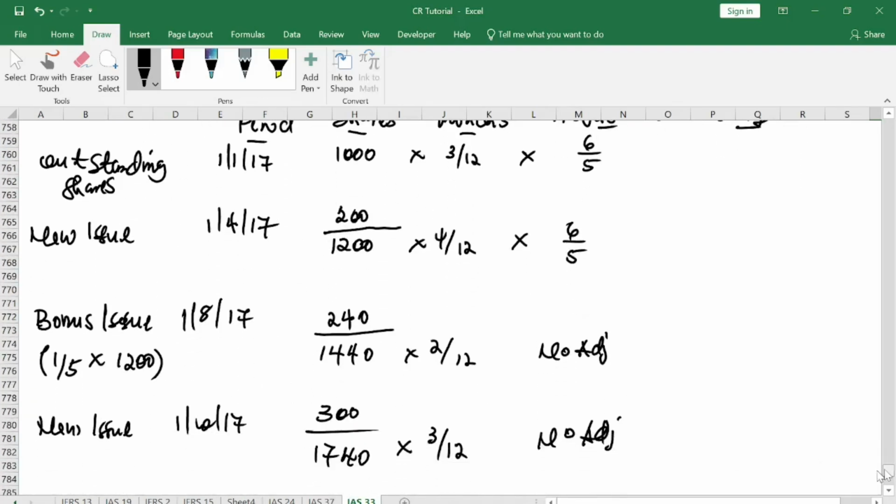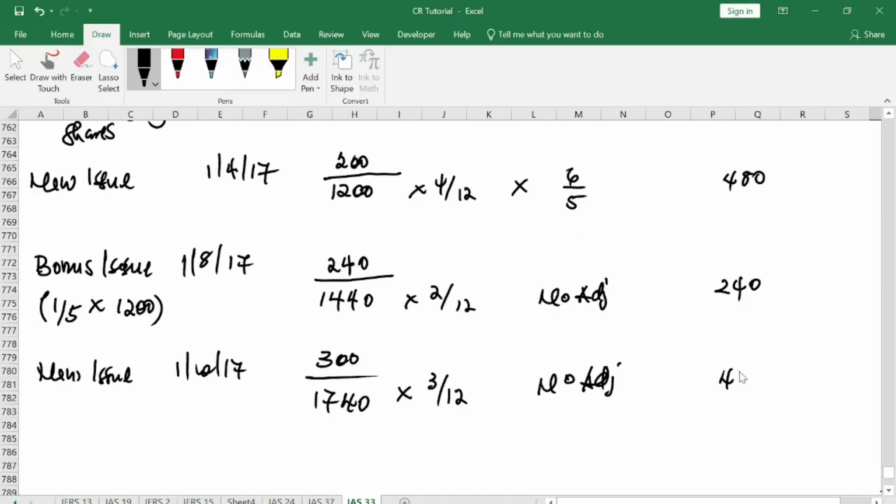All right, so when you are done, what do you do? Then you multiply. First one, we have 6 over 5 times 3 over 12 times 1,000. So first one, we get 300. Then 6 over 5 times 1,200 times 4 over 12 gives you 480.